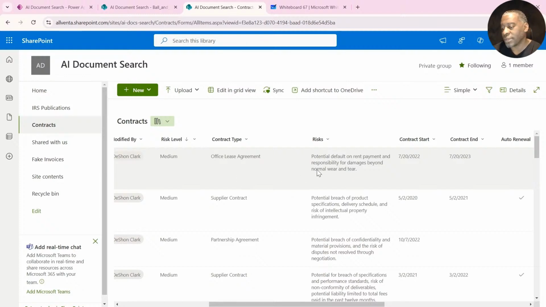What they rated as a medium two weeks ago could be a low today, or it could be a high because they just got off the phone with a situation where, like the default on rent payment, it did not cover damages beyond normal wear and tear.